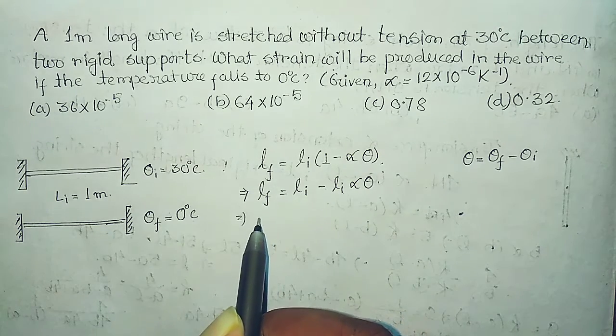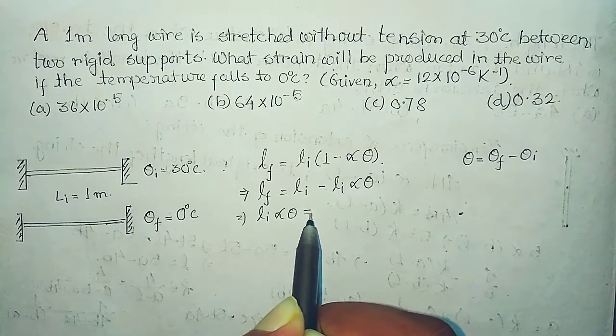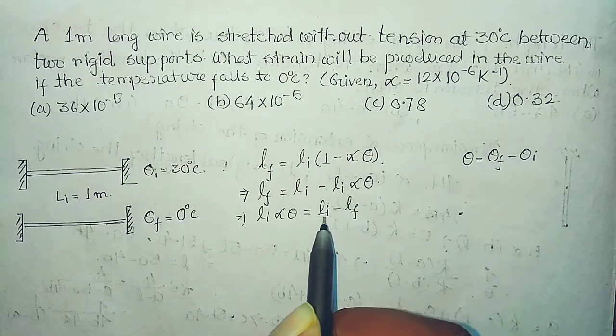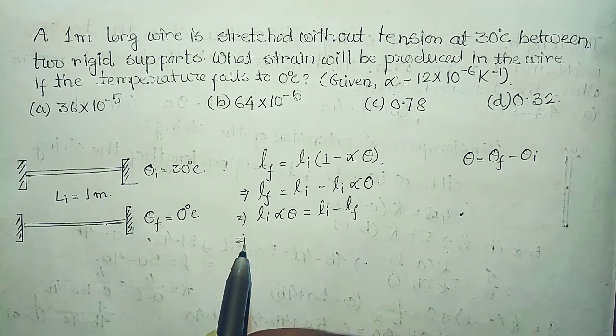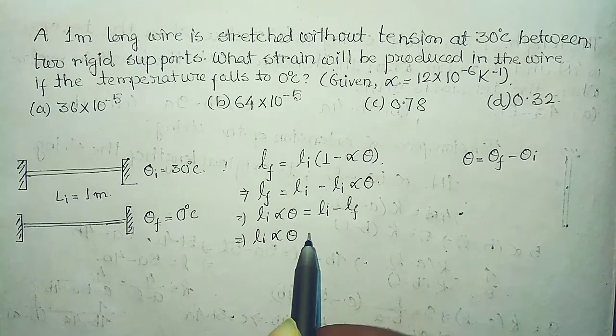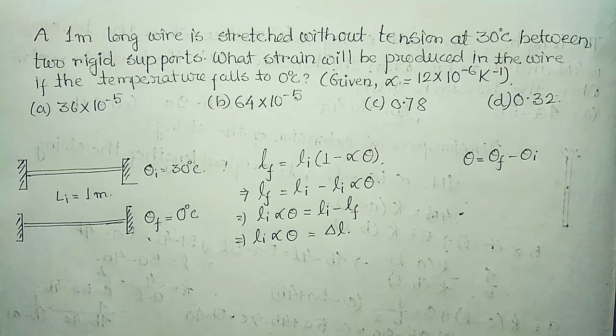If I take this Li alpha into theta on the left hand side, then Li minus LF basically says the decrease in length. So Li multiplied by alpha into theta gives us del L, the change in length.